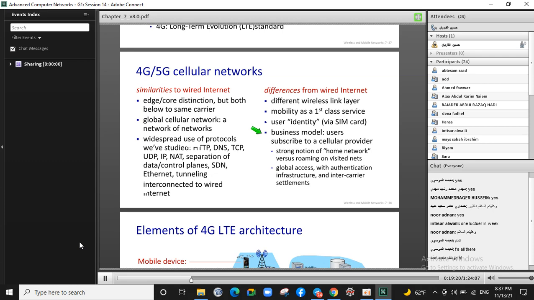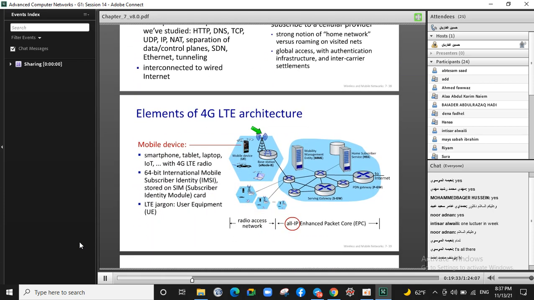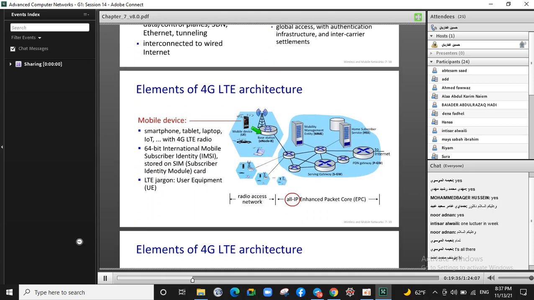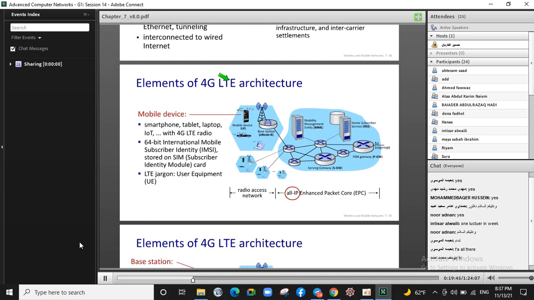So the technology used in wireless cellular networks is completely different from the technology used in wired environments, the wired internet. Okay? If I'm using 4G, when we say I'm using LTE technology, we have some elements.